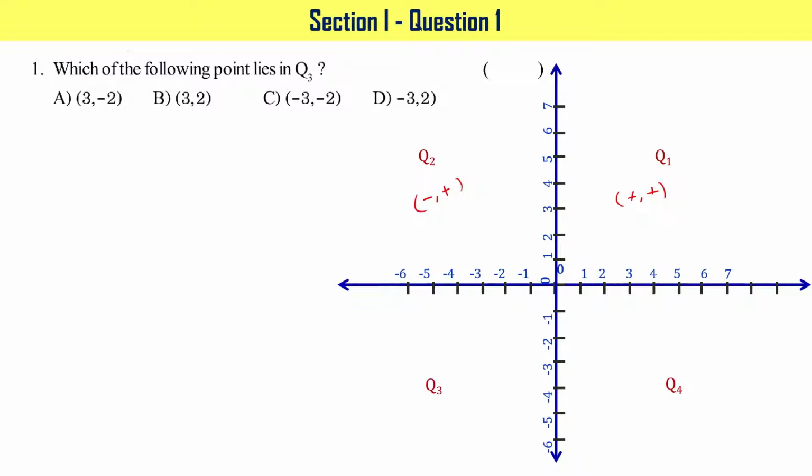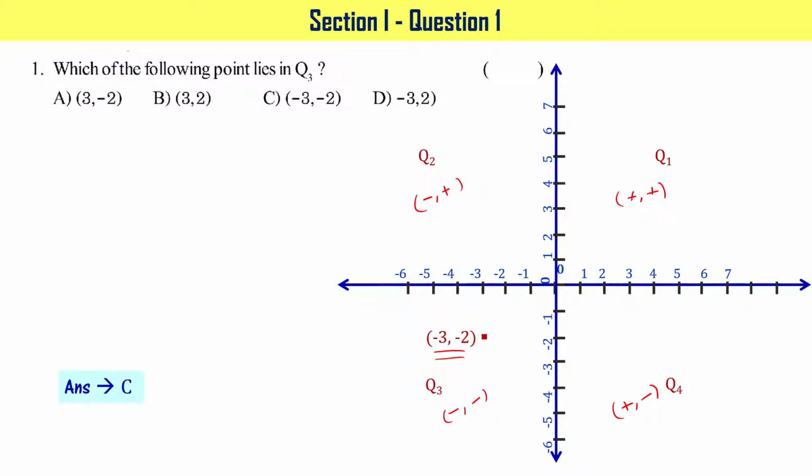When it comes to Q3, X is negative and Y is also negative. And for Q4, X is positive and Y is negative, right? As you see here, -3 comma -2 is in Q3. So to answer the question, we say choice C is the answer.